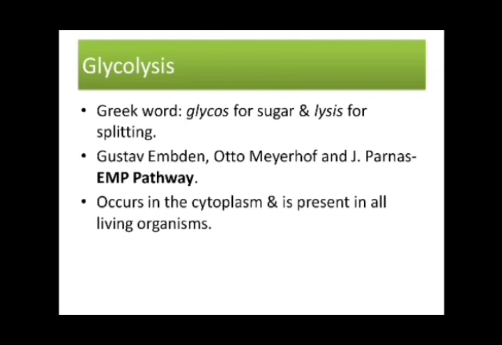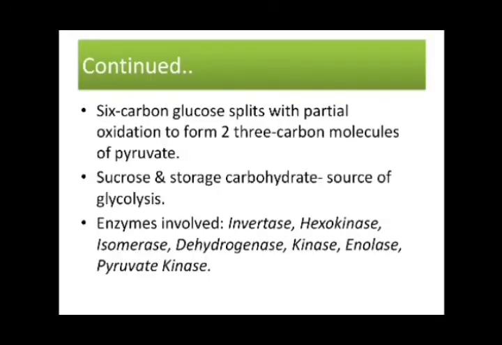It is a common pathway in both aerobic and anaerobic modes of respiration. It occurs in the cytoplasm and is present in all organisms. In this process, 6-carbon glucose splits with partial oxidation to form 2 3-carbon molecules of pyruvate.